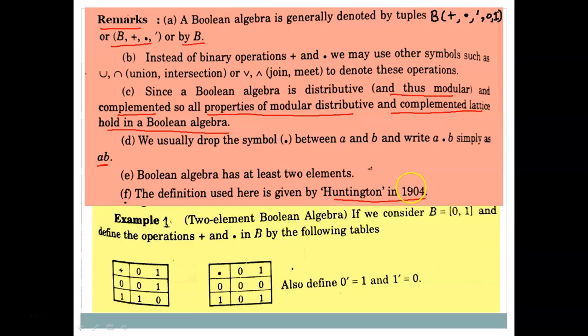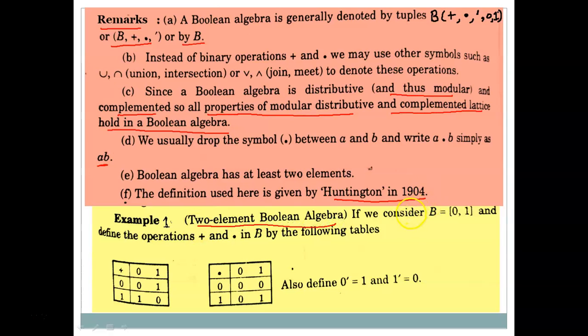So these are certain remarks regarding the definition and the concept of Boolean algebra, and certain notations which you should keep in your mind for the further calculation of the numerical problems. Example 1. Suppose we are having only two elements 0 and 1.